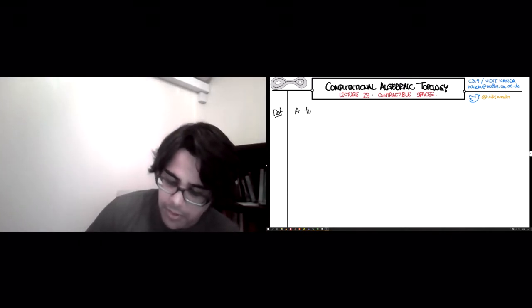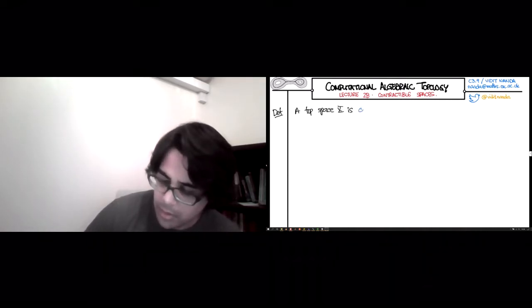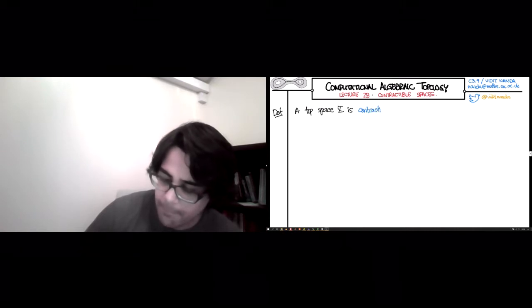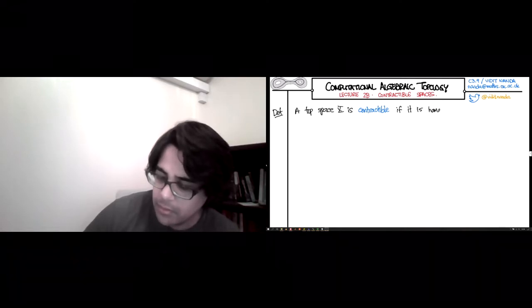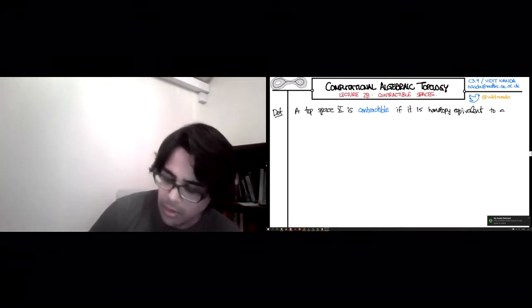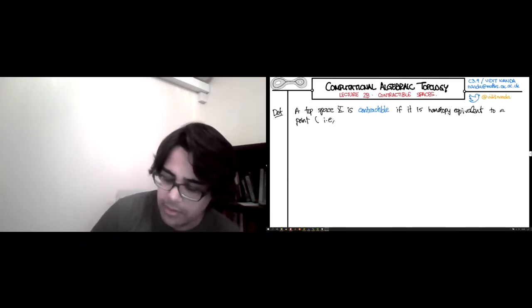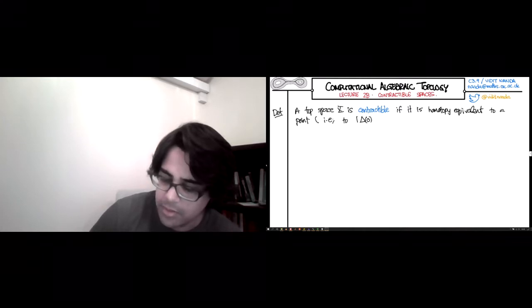A topological space X is contractible if it is homotopy equivalent to a point. And of course, for us, a point is the geometric realization of the solid zero simplex.